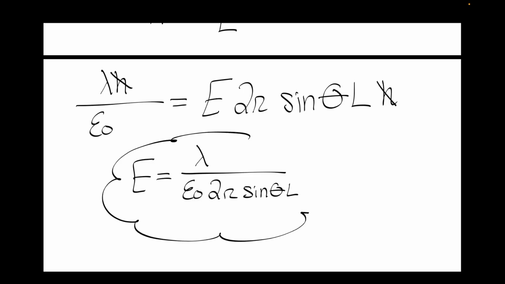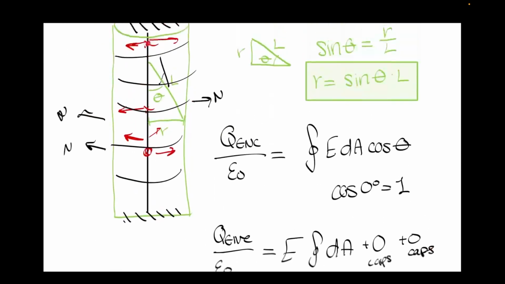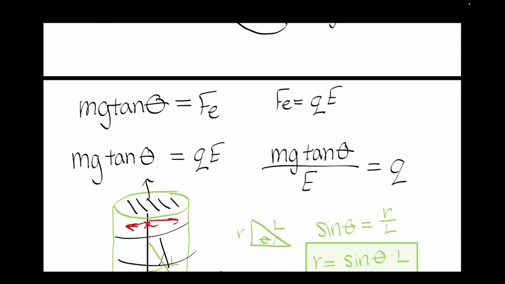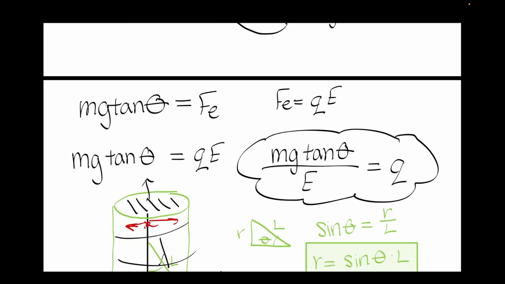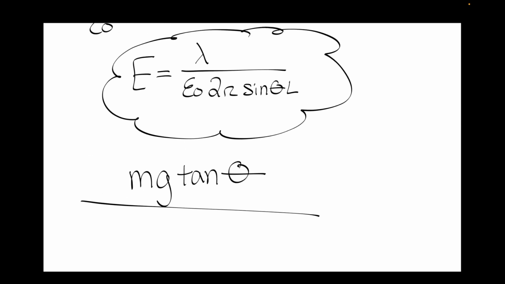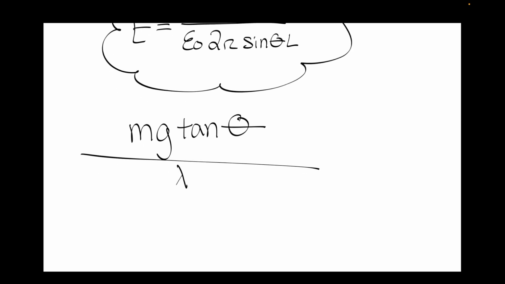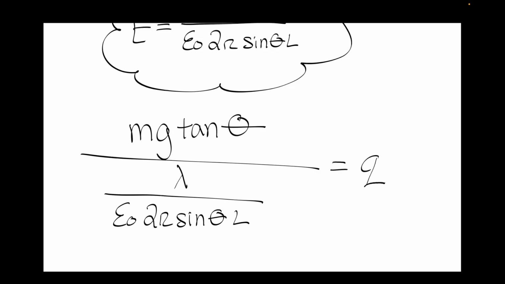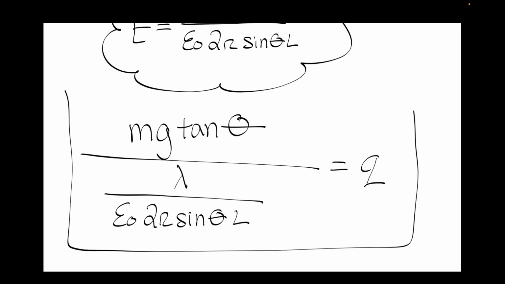Now we need to take this and plug it back in, right here to this. So let's go ahead and do that. So we have mg tangent of theta divided by this E, which is lambda divided by epsilon naught 2 pi sine of theta L, equals Q. Now this is the final answer.